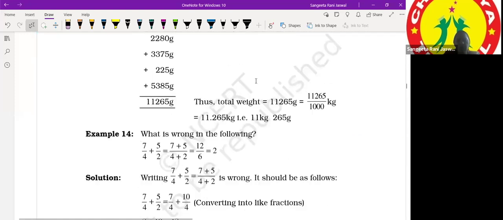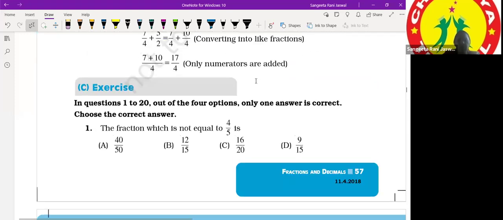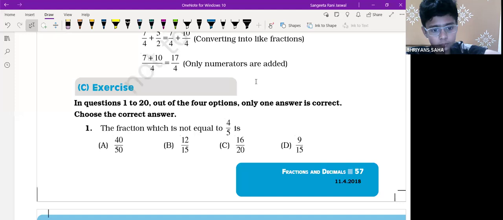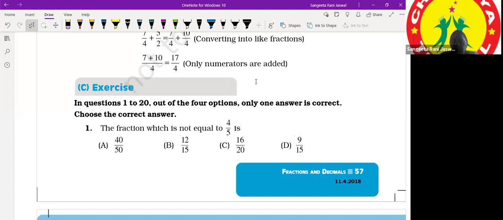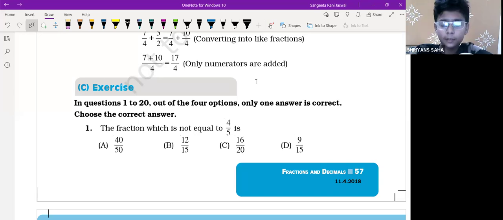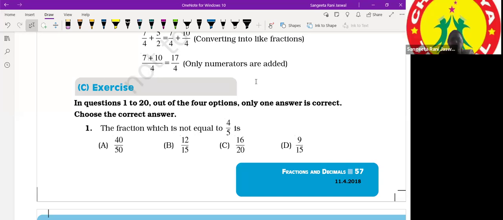So let's see some exercise here. Okay, this is the exercise. The fraction which is not equal to 4 by 5 is. Please tell which is the fraction which is not equal to 4 by 5. So how will you find that out? By taking the equivalent fraction. So you can see the first one, if I divide the first option by 10, I get 4 by 5. 12 by 15, I get 4 by 5.